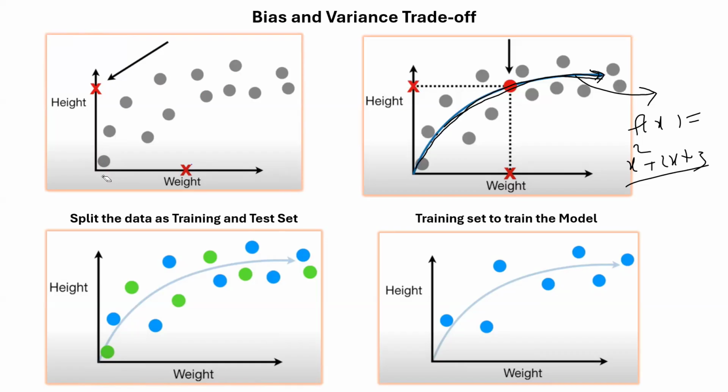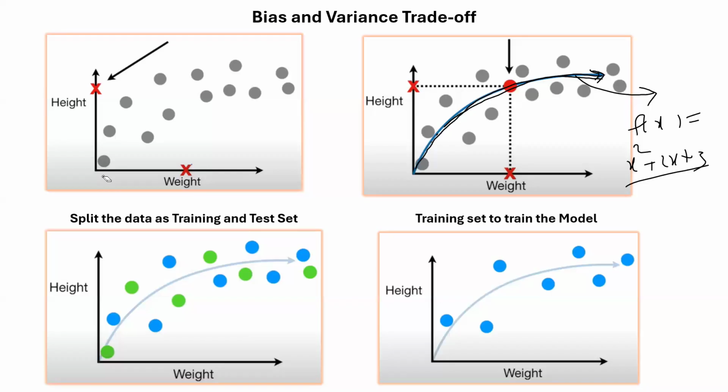So not all the data will be used as training data. We split it as 70% and 30%. The 70% is called the training set, and that will be used to train the model. The remaining 30% of the data will be used to test the model.